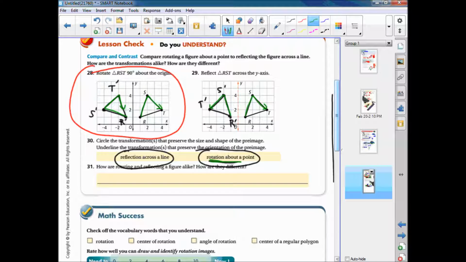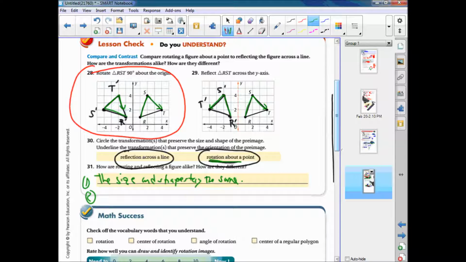So how are reflections and rotations alike, and how are they different? All right, so how they are alike is the size and shape stay the same. That's the alike. Okay, we're always going to end up with congruent figures. How are they different?